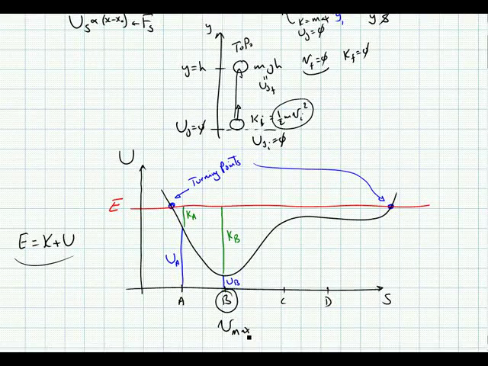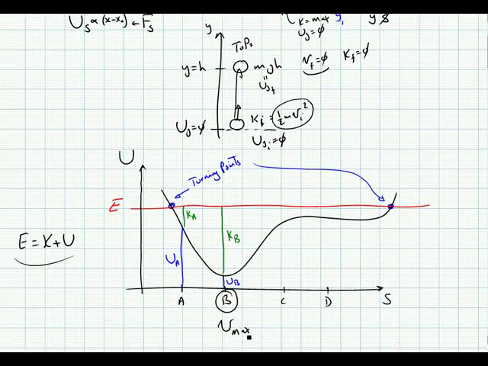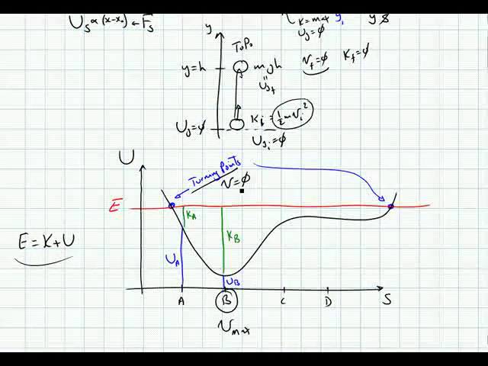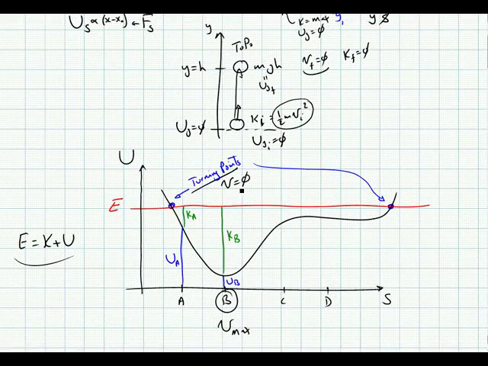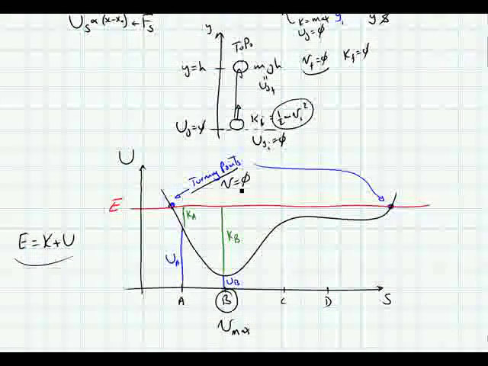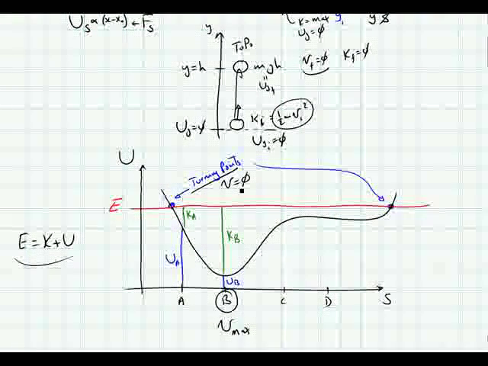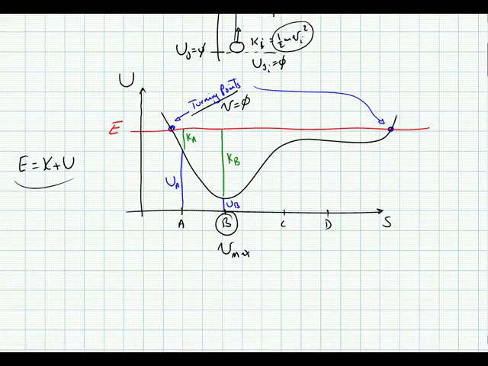So the object is moving fastest at position B, according to this chart. At the turning points, speed is 0. We also know that. What else can we tell from this potential energy versus position plot?